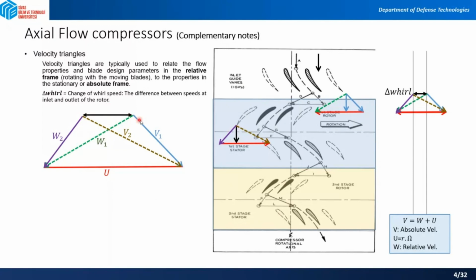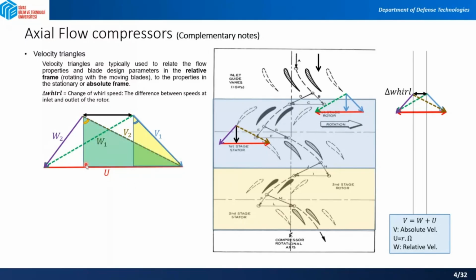So how to determine this delta whirl? If you consider this triangle at the entry of the rotor, you see that you have this angle in here. So this angle is actually your alpha 1 angle. If you remember, the angle that your absolute velocity is making with the axial direction is called alpha.